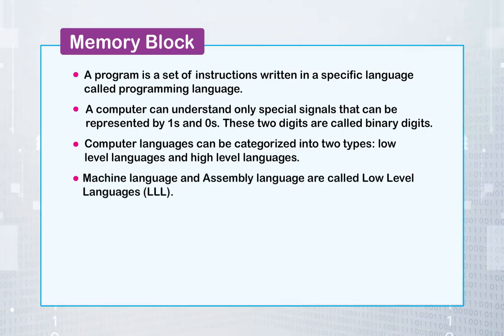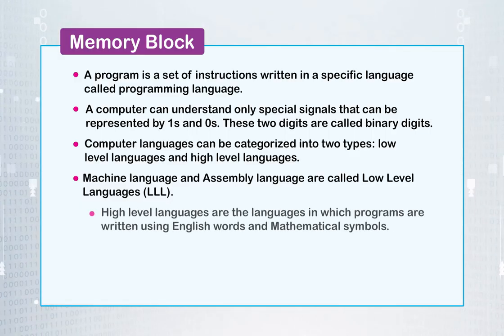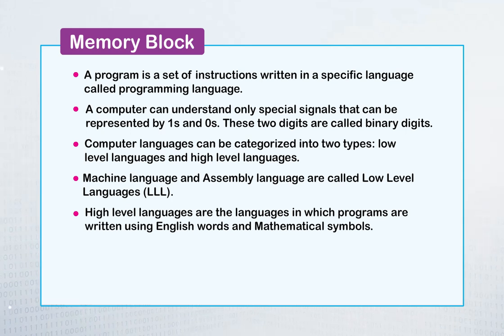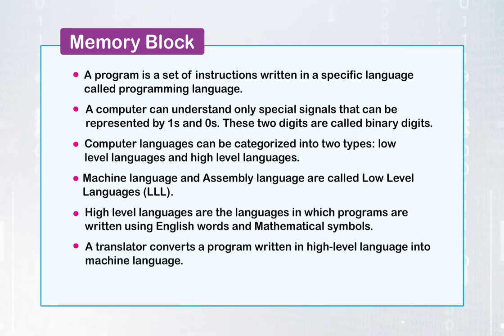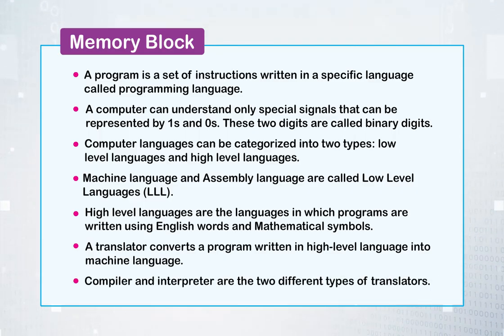Machine language and assembly language are called low-level languages, LLL. High-level languages are the languages in which programs are written using English words and mathematical symbols. A translator converts a program written in high-level language into machine language. Compiler and interpreter are the two different types of translators.